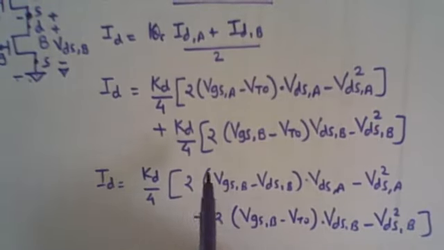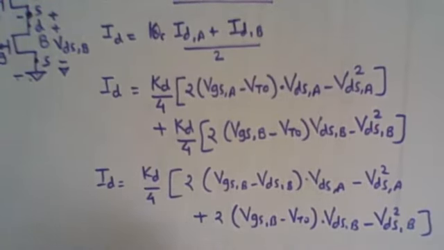Here I have taken the KD by 4 as common and replaced the VGS of A with the VGS of B minus VDS of B.